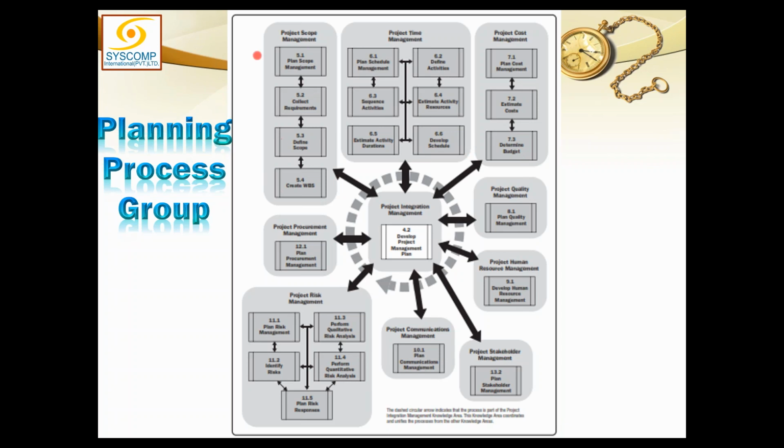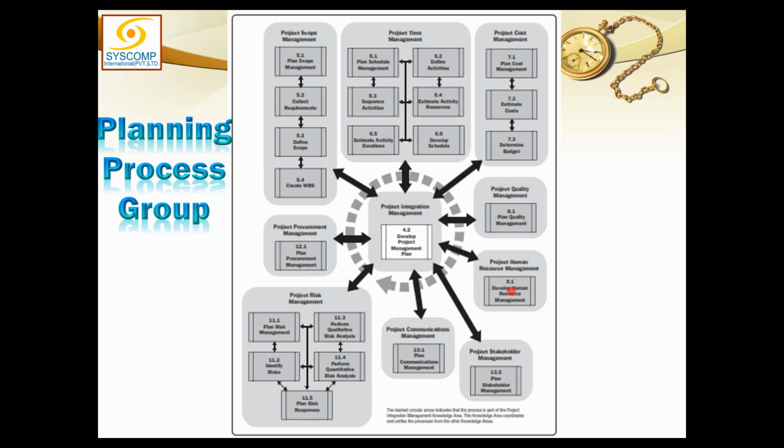Why? Because I defined and explained earlier today that scope, time, and cost are the three project objectives. Objectives of a project can be defined in terms of scope, time, and cost. The remaining knowledge areas are such that anything we design for quality will be impacting any one of these three objectives.